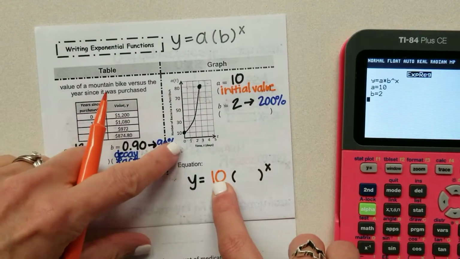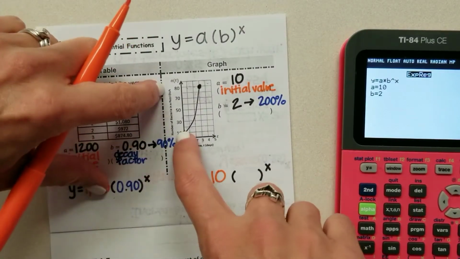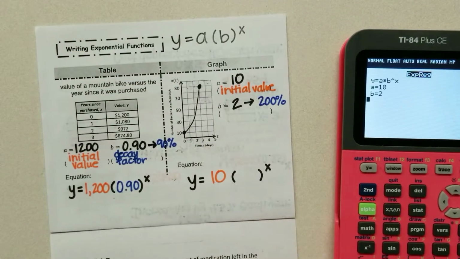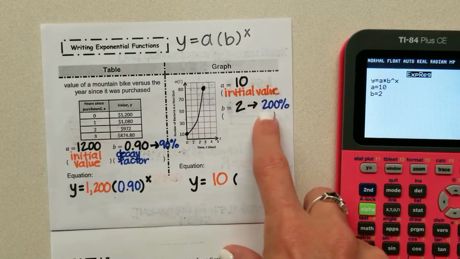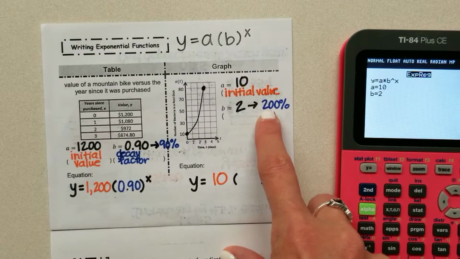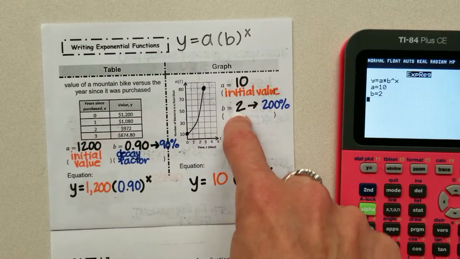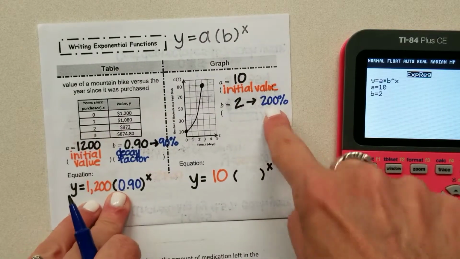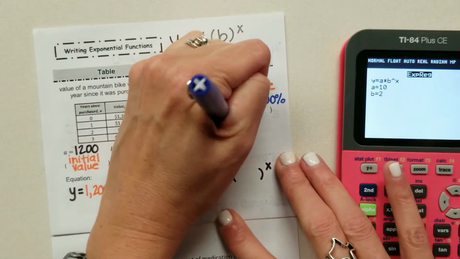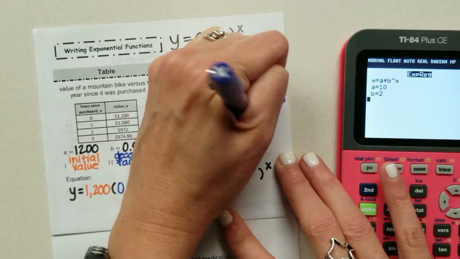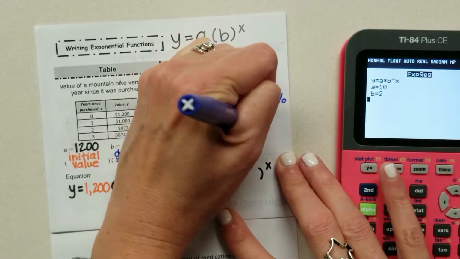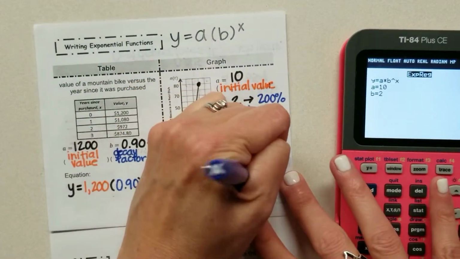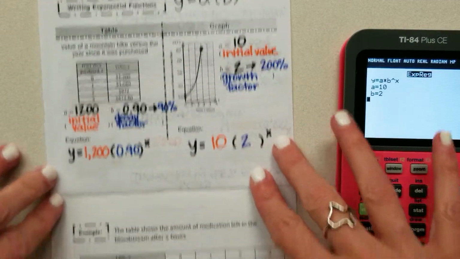I'm starting at 10, the number of bacteria in a petri dish. So I have 10 bacteria, and time is being measured in days. And I have a factor of 2, but I need to decide, is this a growth or a decay factor? Well, if this is bigger than 1, bigger than 100%, this is a growth factor. And then I'm going to put 2 in here, and there's my equation.